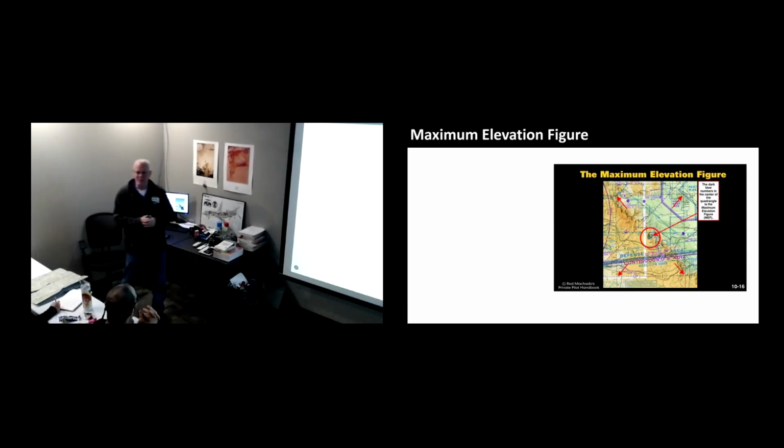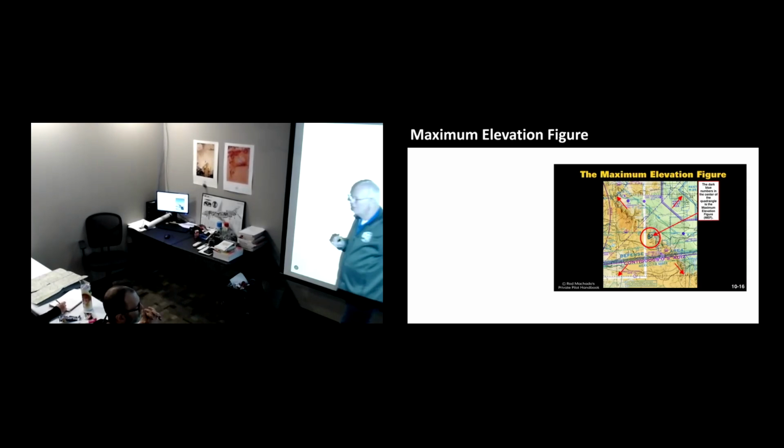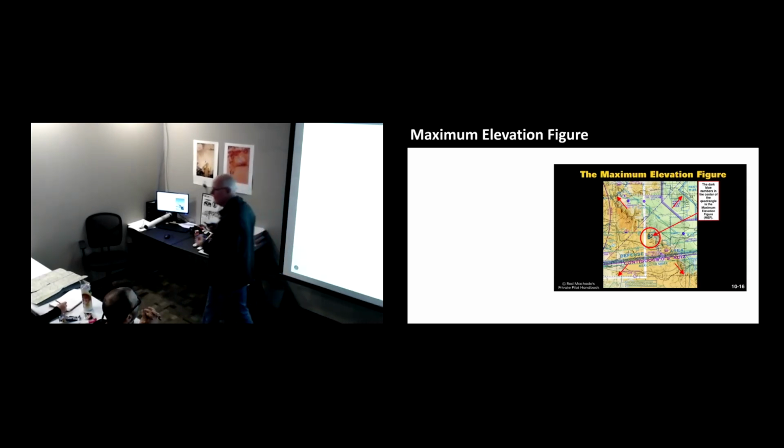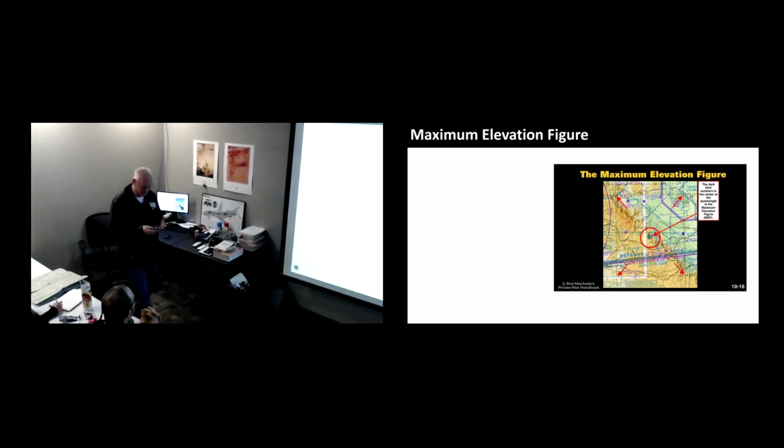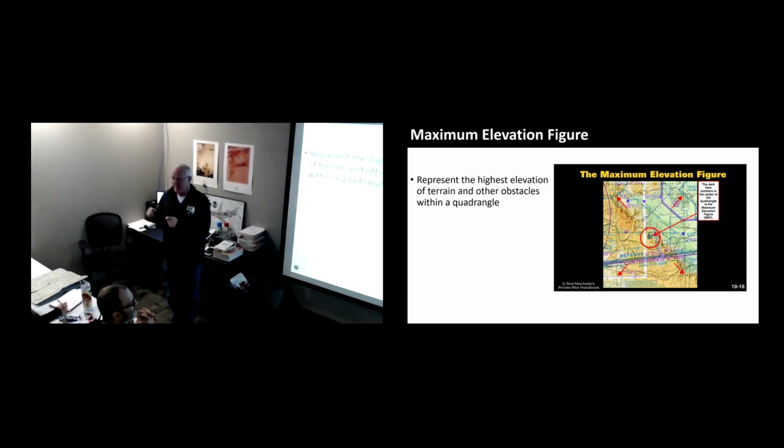So if you look in that same quadrangle, you're going to see a blue number with normally one number that's larger and one number that's smaller. Okay, that's called the maximum elevation figure for that quadrangle. Okay, that represents the highest elevation of terrain and other obstacles within that quadrangle.